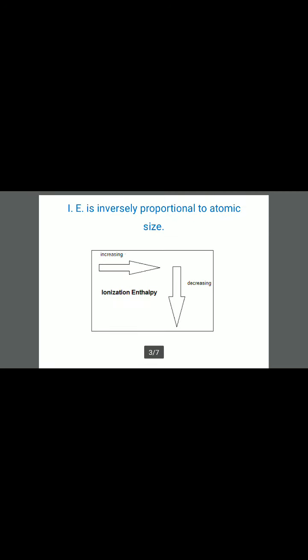From top to bottom atomic size increases. Here is a graphical representation of ionization enthalpy with atomic size. Whatever was said earlier, that ionization enthalpy increases from left to right and decreases from top to bottom.